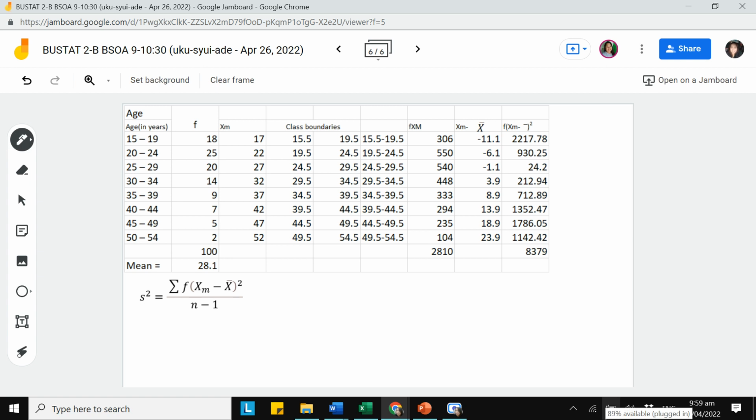So, handa ang mga calculator. So, yung mismong, so S squared is equal to 8379 divided by n. N is 100. So, 100 minus 1. Ano sagutin nyo, guys?